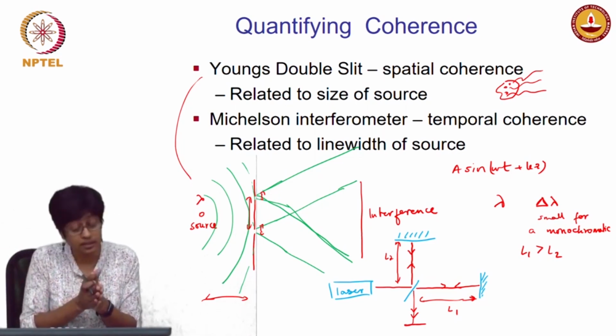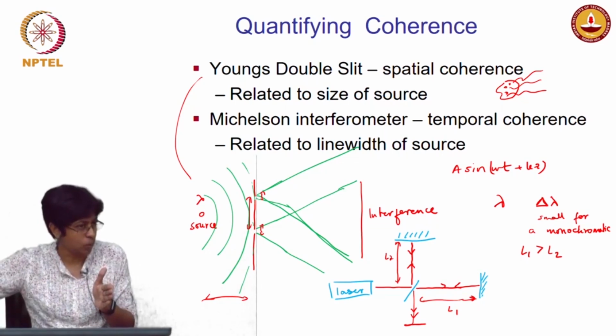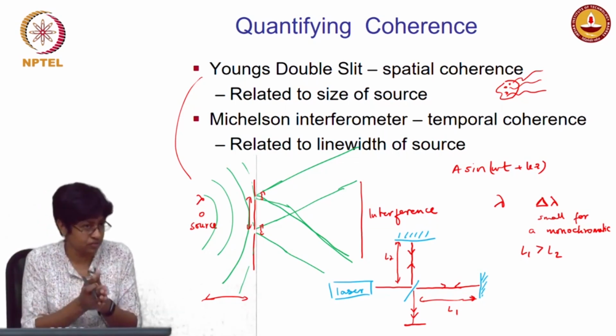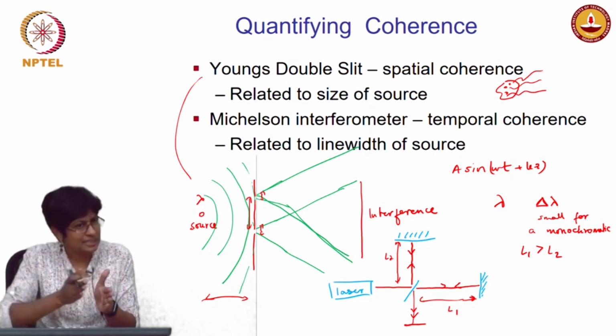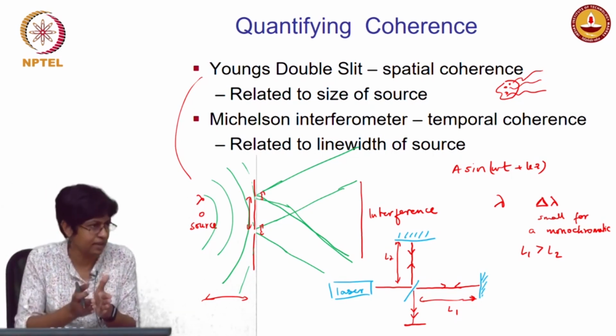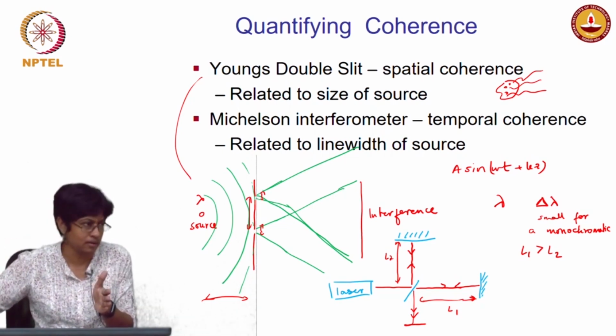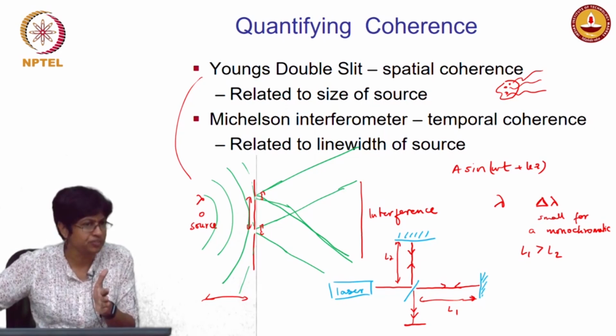So, I could consider changing the length L1, and maybe initially L1 is equal to L2 and I have a very good interference pattern, then I slightly increase L1 and I still have a good interference pattern. But as I go on increasing L1, I can see the quality of that interference pattern goes on decreasing.